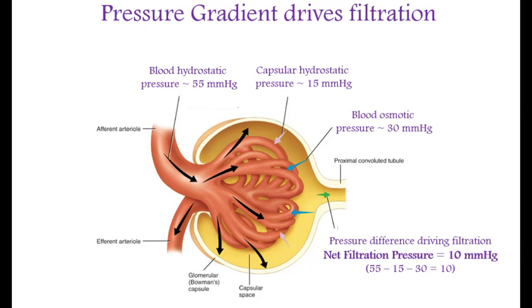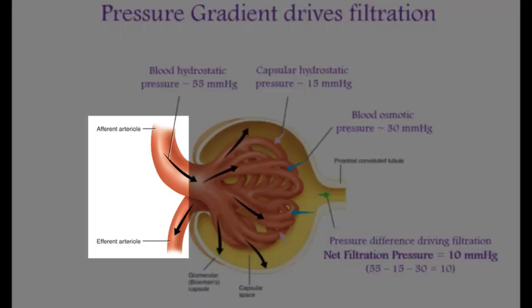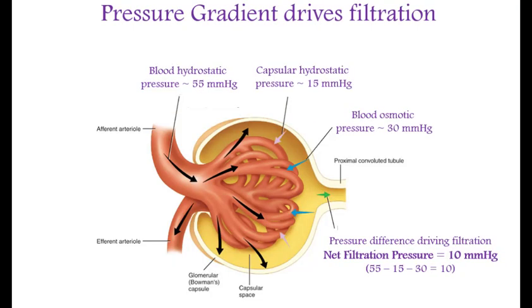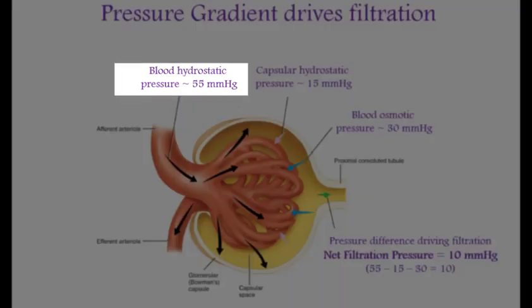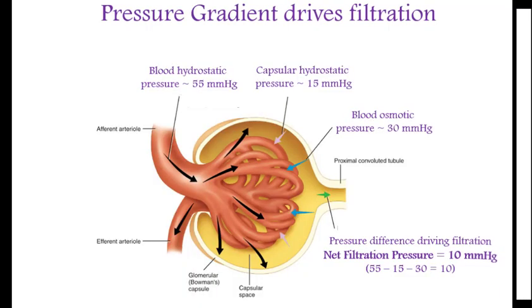Notice in the diagrams that the diameter of the afferent arteriole is larger than the diameter of the efferent arteriole. That's not an accident. It's what increases the hydrostatic pressure in those glomerular capillaries and drives the filtration of the blood.